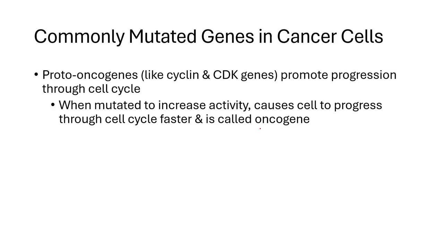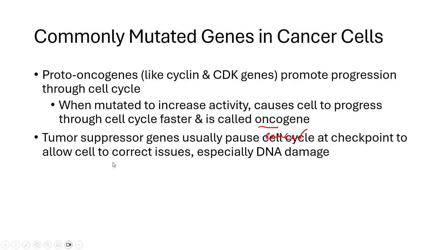Onco literally means cancer. And so then these cells will start moving through the cell cycle faster and faster, accumulate more mutations that are not going to be regulated by the cell cycle, and then you end up having a tumor.